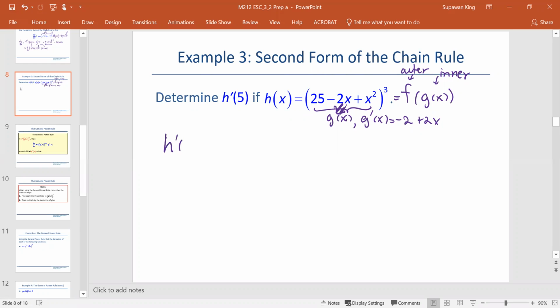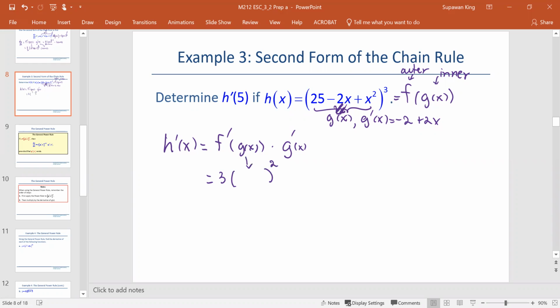So the h prime of any x would be the derivative of the f, which is the outer function, and then multiply by the derivative of the inner function g. And the input of the outer function is the function g of x. We just fill it in. The f, which is the quantity to the power 3, the derivative will be 3 of that quantity to the power 2.